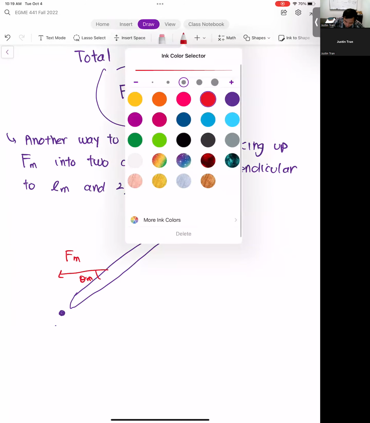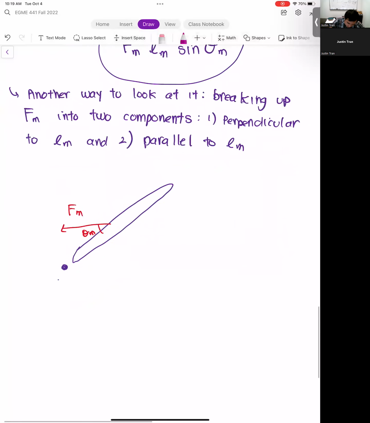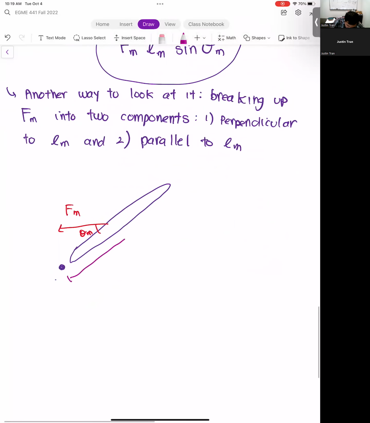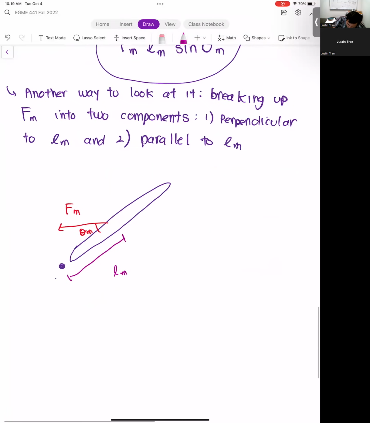To break this up into its two components, with this distance being Lm, we have one component that's parallel to that, which is Fm cosine of theta m, and a component that is perpendicular to that, which is Fm sine of theta m.